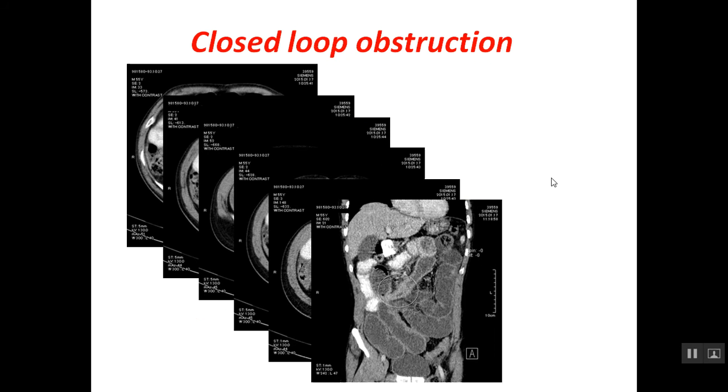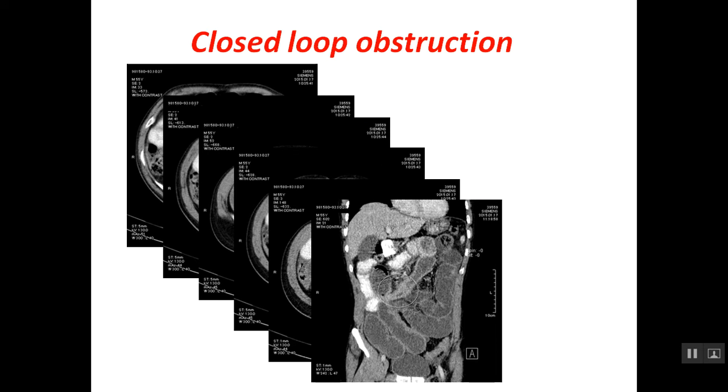The diagnosis is obstruction, okay? But it's important to say what type of obstruction has occurred. What type of obstruction should be reported? As you guess, closed loop obstruction is the final diagnosis.